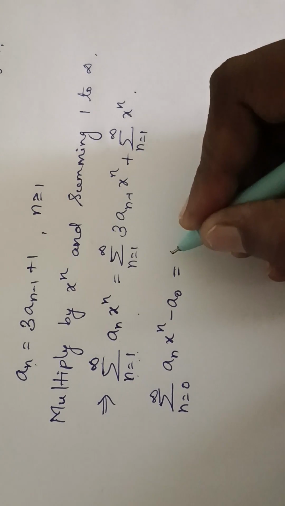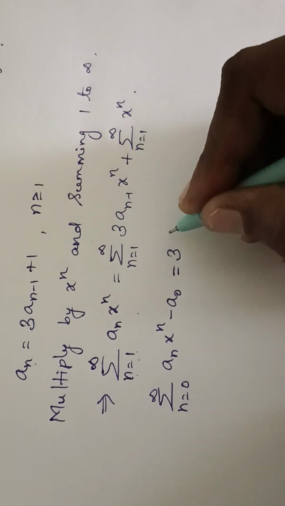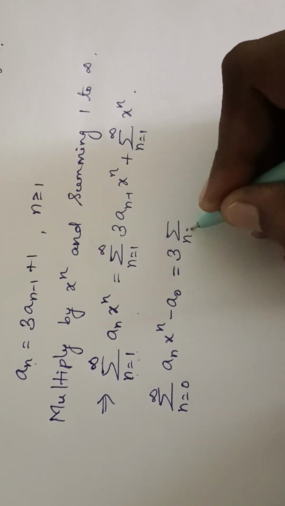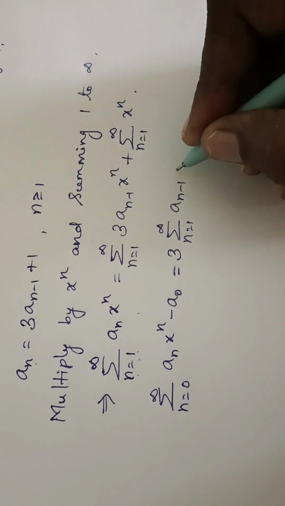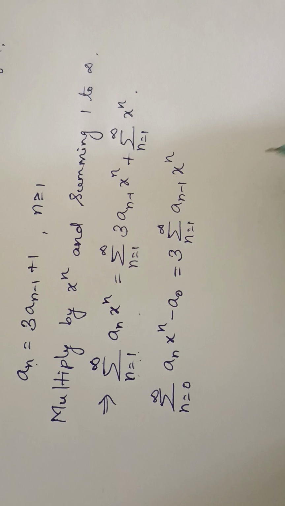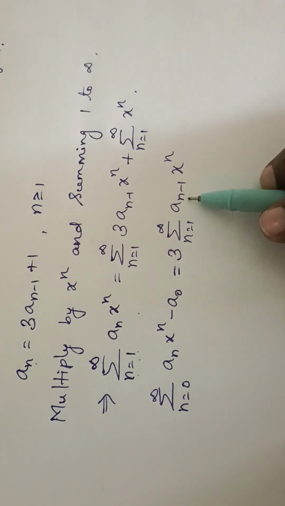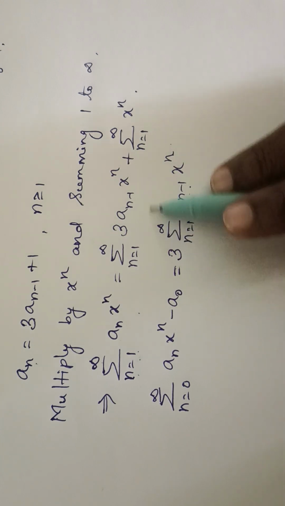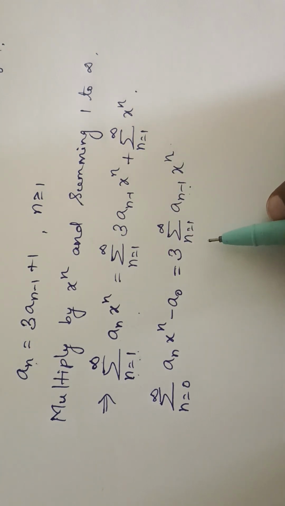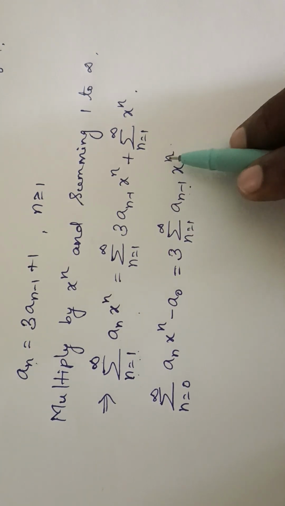Here 3 is a constant. So the balance term is summation n equal to 1 to infinity a n minus 1 x power n. In that, the suffix term is a n minus 1 and x power n minus 1 would make the whole generating function, but here it is x power n only.